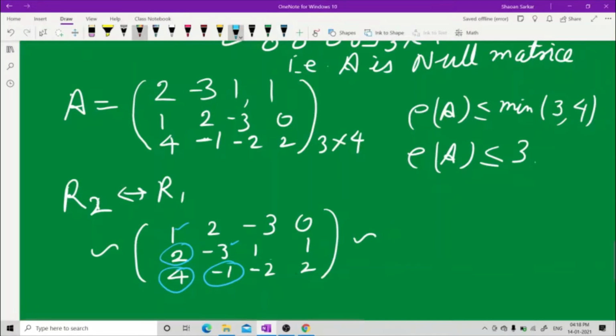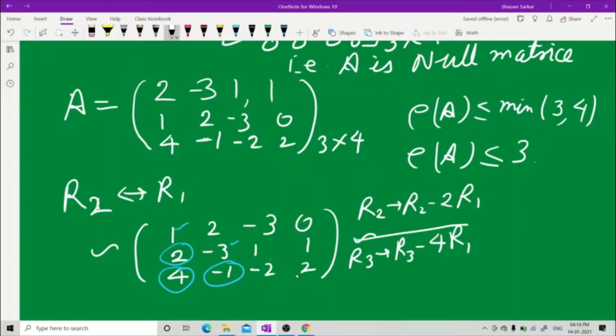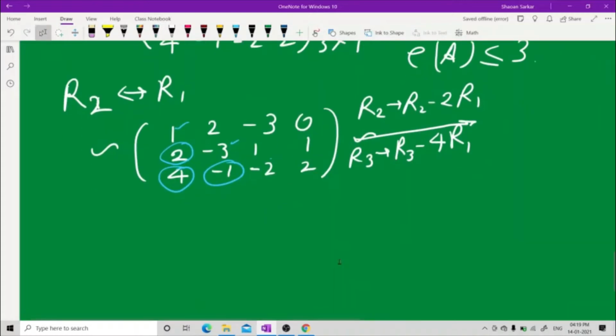Let's see what happens. The first row operation would be R2 is R2 minus 2R1, and R3 is R3 minus 4R1. This operation I'll do. And I'll get 1, 2, minus 3, 0. So 2 minus 2 is 0.